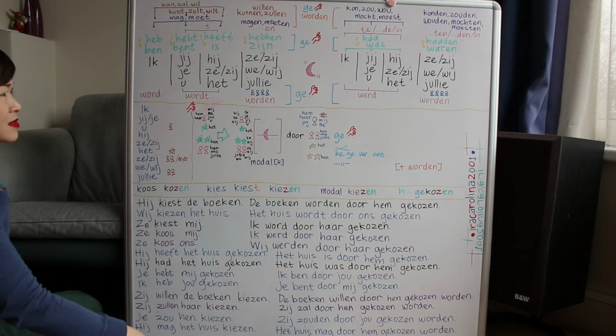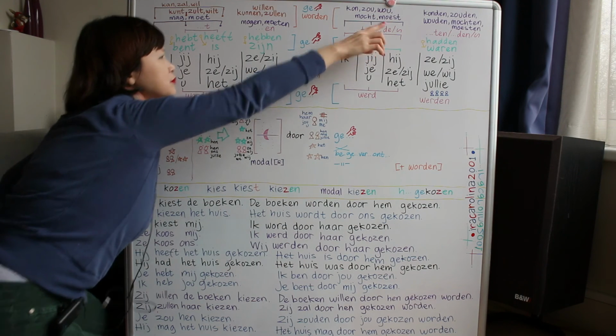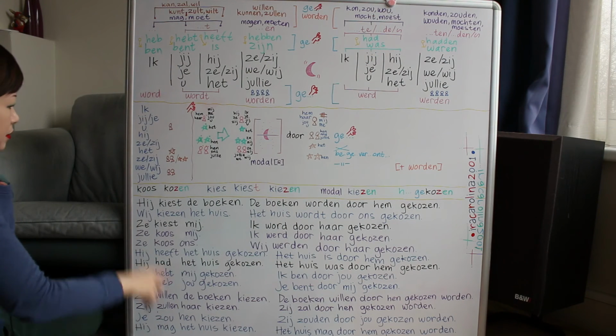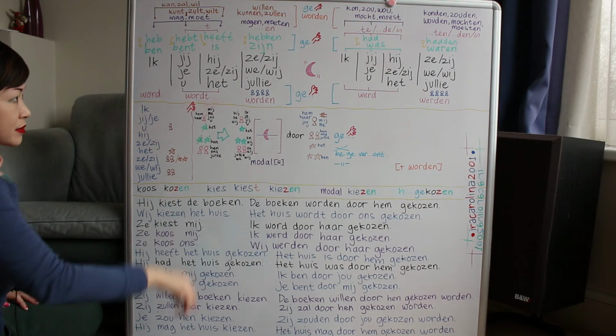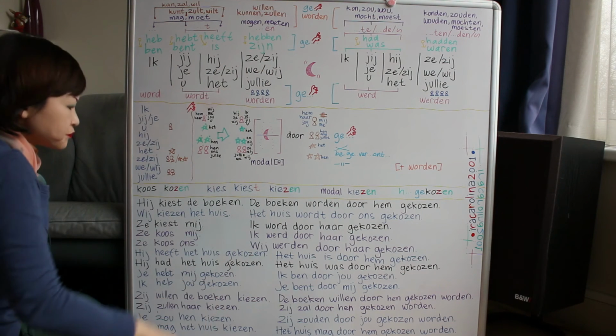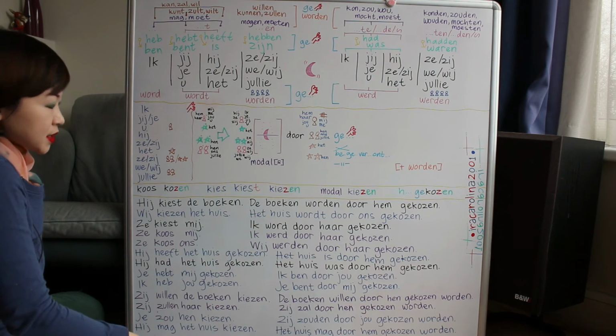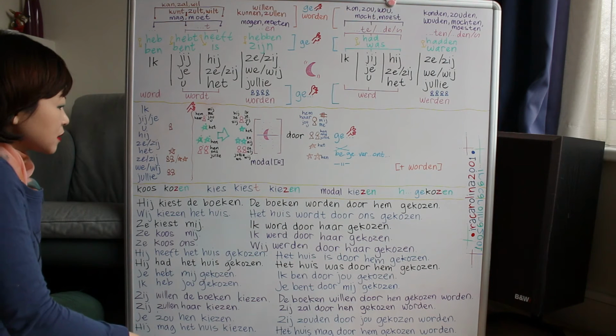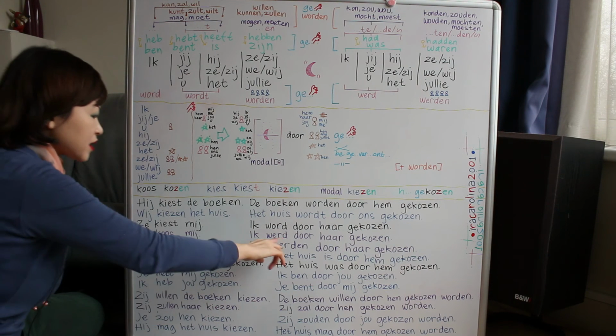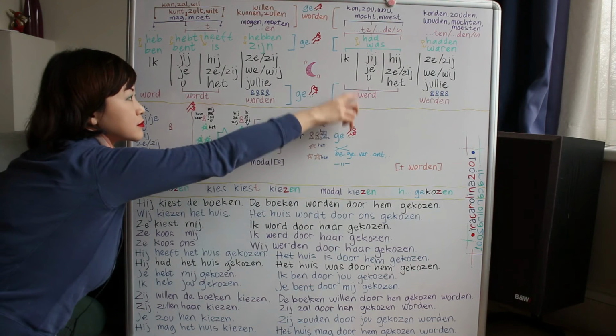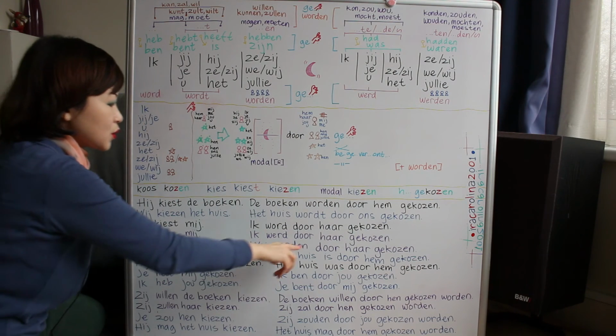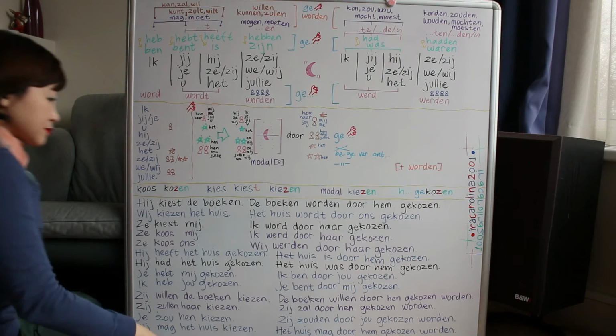Ze koos mij. This is the past. Then this one, because this one is koos and kozen, instead of with the te or de or ten and den, it becomes ik werd door haar gekozen.